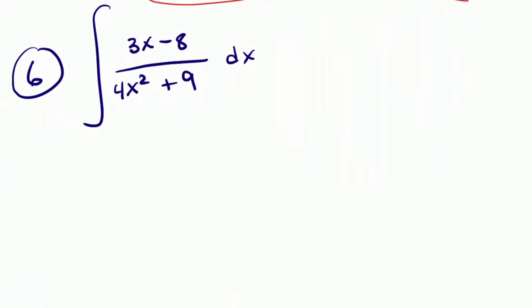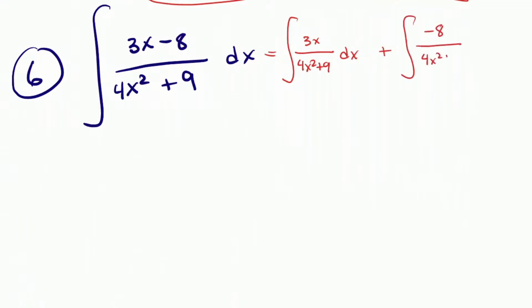I know we whipped through those first 3 so quickly. Now we've ground to a screeching halt. But here, let me set this up for you again. We have the integral of 3x over 4x squared plus 9. And then the other integral is going to be the integral of negative 8 over 4x squared plus 9 dx.